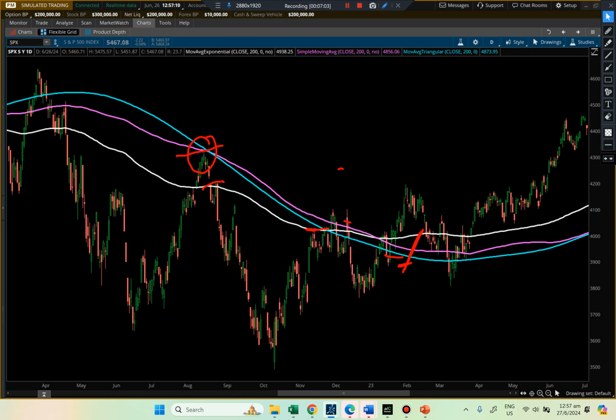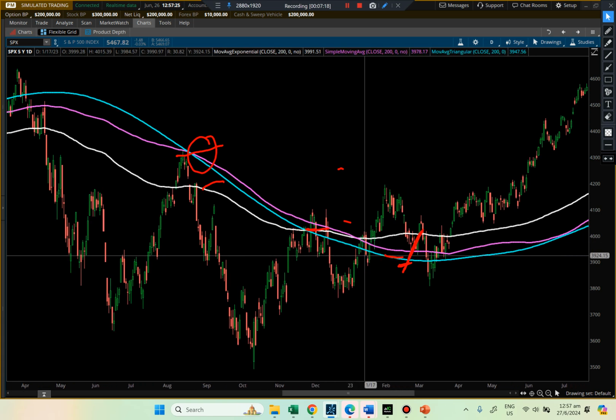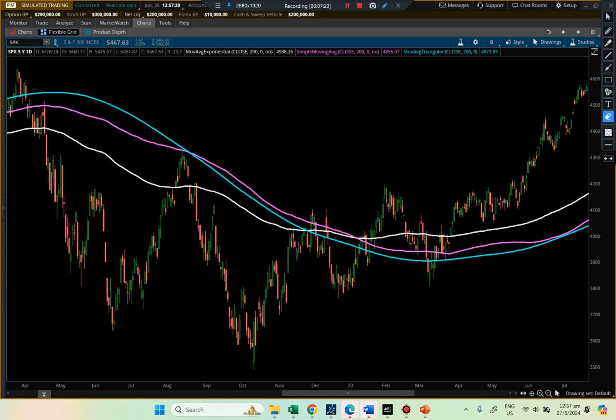White color is the exponential. So it doesn't work very well for the EMA on the S&P 500. You can notice that the TMA and SMA actually work pretty well on the S&P 500 over here. So you can take a look at all this to observe what is actually better for you.